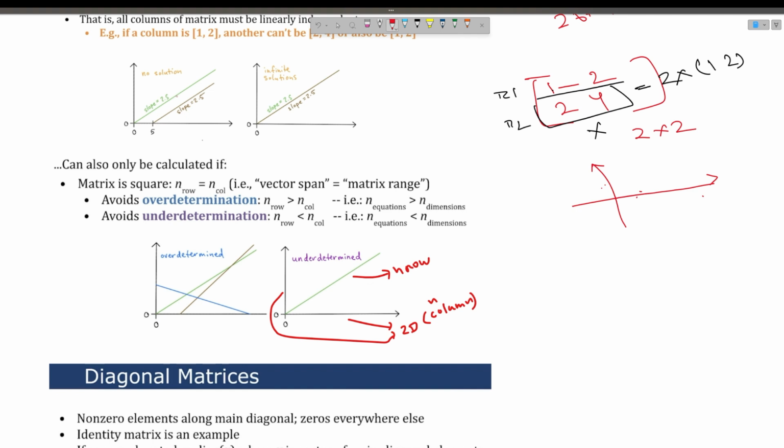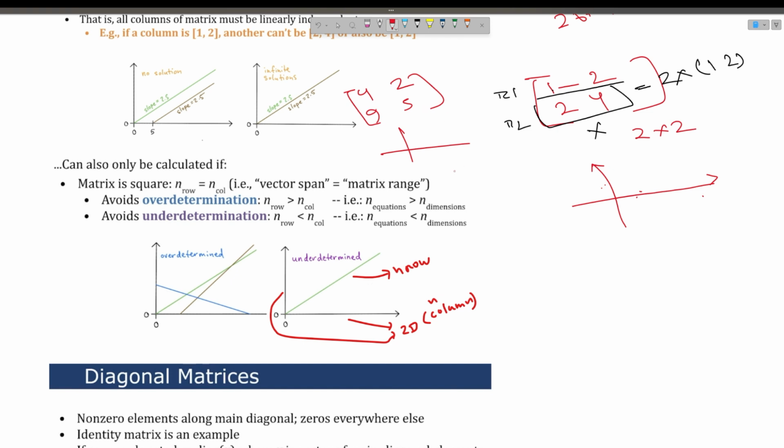Let me give this example: 4 2 9 5. Let's focus on that. I'm not sure what the slope is currently here, but it depends on mx plus c. We're not bothered about the slope, because earlier you have seen how we got the slope.